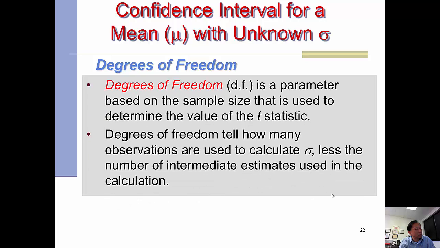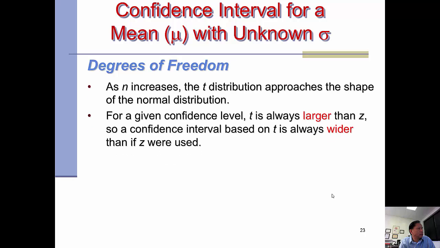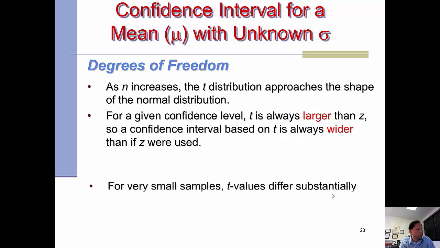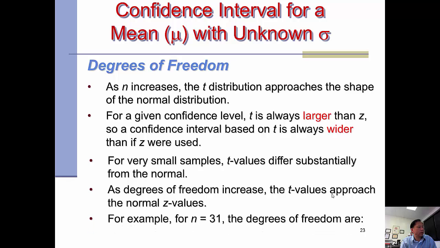That's a parameter based on the sample size that is used to determine the value of the t statistic. As n increases, the t distribution approaches the normal distribution, and the t values differ substantially from normal for very small samples. But as the degrees of freedom increase, the t value approaches the normal z values.